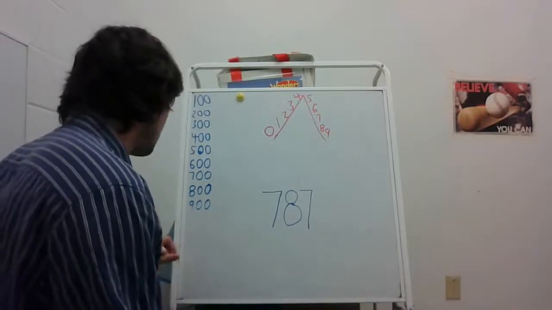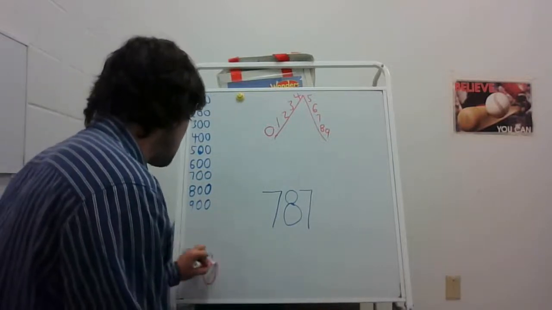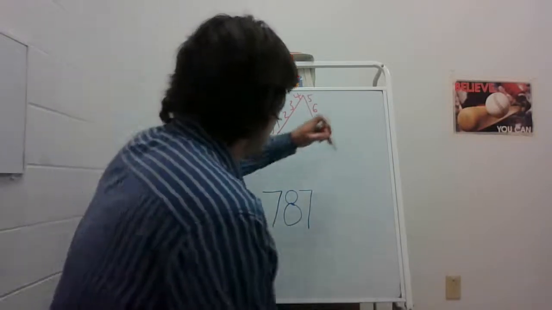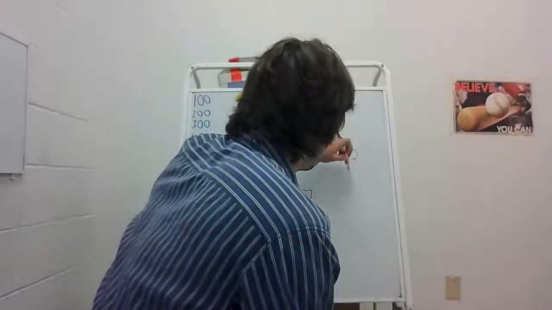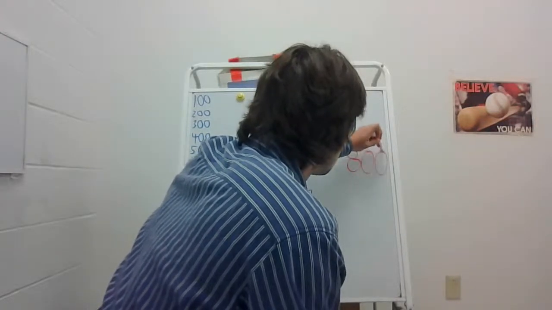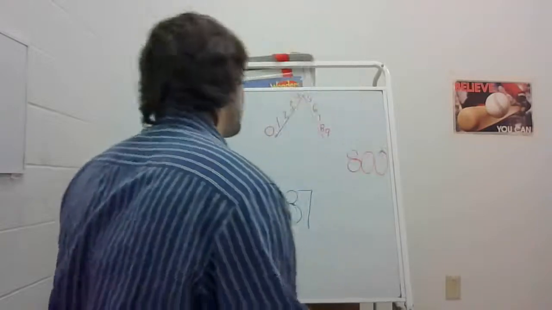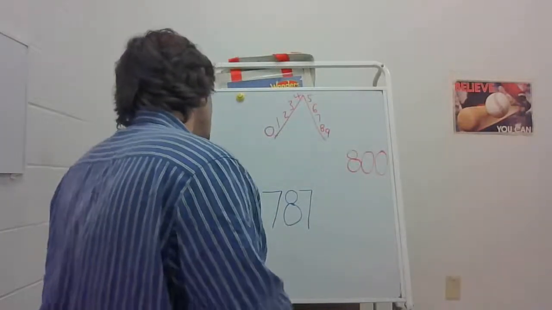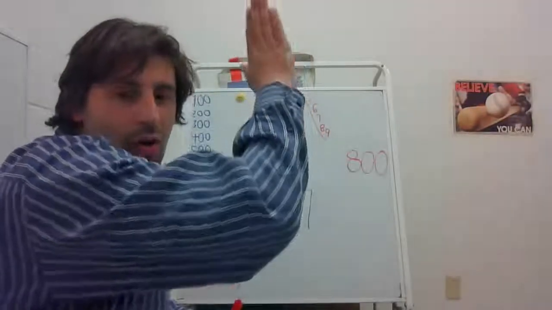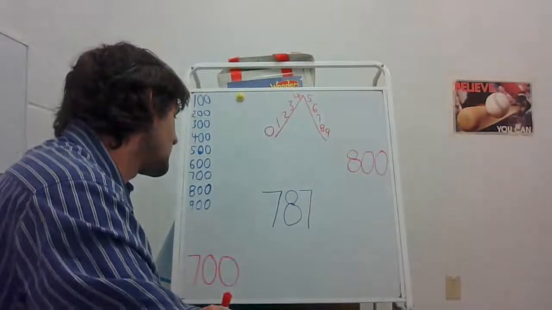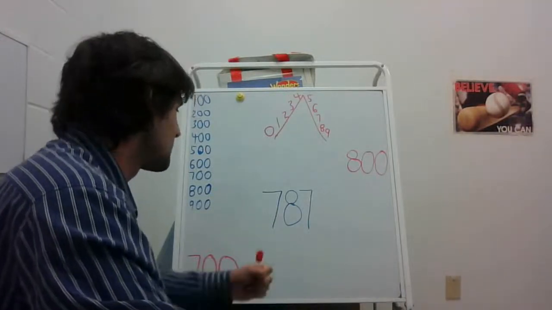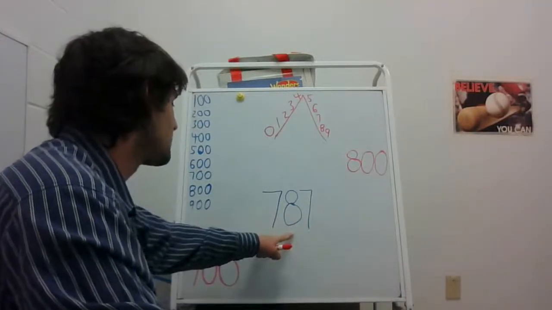Those are the two closest numbers, and we have to determine, do we round up to 800 or round down to 700? Remember, 5 or more, we raise the score. 4 or less, we regress. And we are looking at the digit in the tens place. The digit in the tens place is an 8.